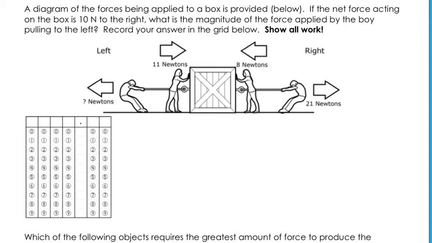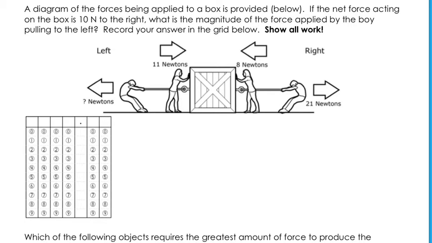A diagram of the forces being applied to a box is provided below. If the net force acting on the box is 10 newtons to the right, what is the magnitude of the force applied by the boy pulling on the left? Record your answers. So this is one of the griddable ones that you might see. I'll let you guys do this one.